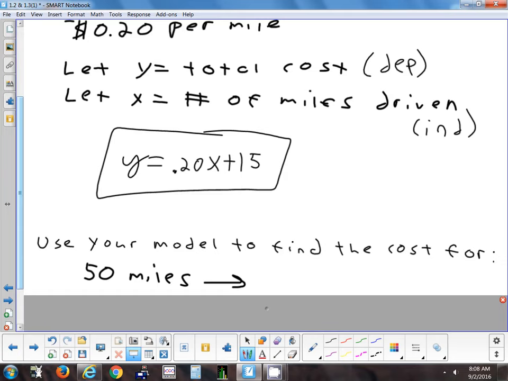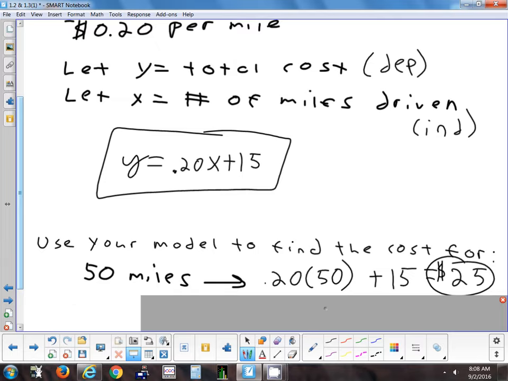So my cost for 50 miles would be 0.20 times 50 plus 15. 0.20 times 50 is going to give me how much? 10, plus 15 is $25. So the cost to drive it 50 miles is $25.